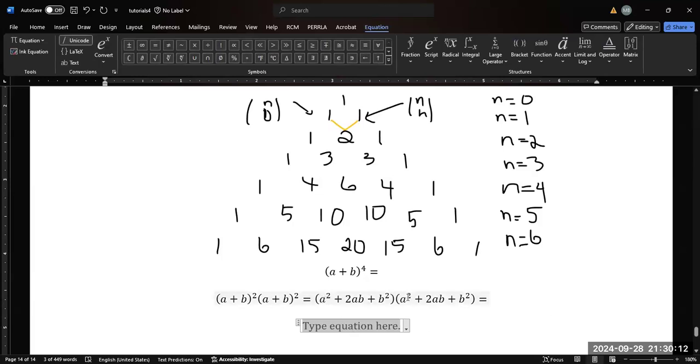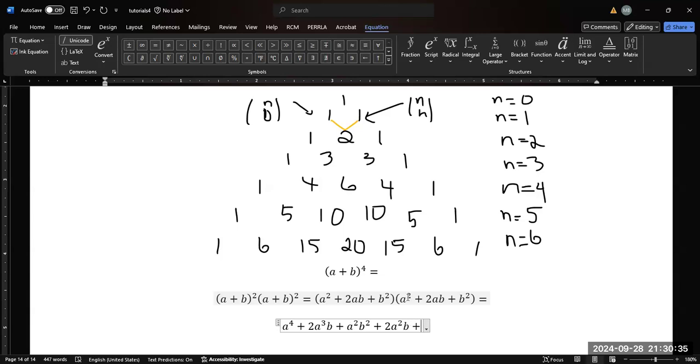So a squared times a squared is a to the fourth. A squared times 2ab is 2a cubed b. And a squared times b squared is a squared b squared. And then 2ab times a squared is 2a cubed b.